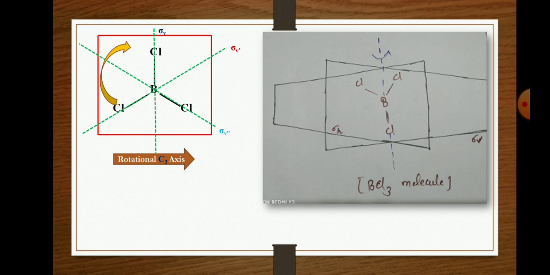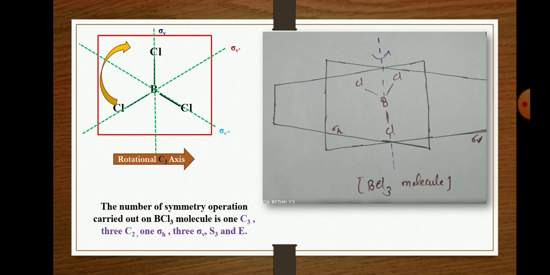So try to understand. This molecule possesses three vertical planes of symmetry and one sigma H. So the symmetry operations carried out on the BCl3 molecule are 1 C3, 3 C2, 1 sigma H, 3 sigma V, one improper rotational axis that is S3, and E. Try to understand.